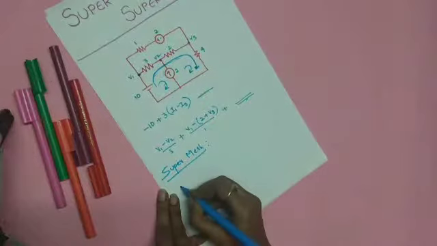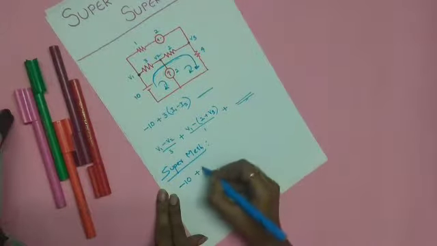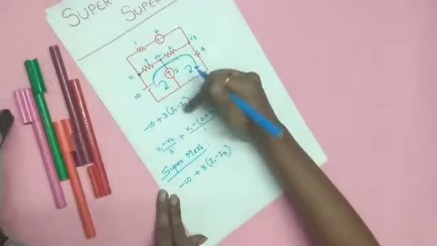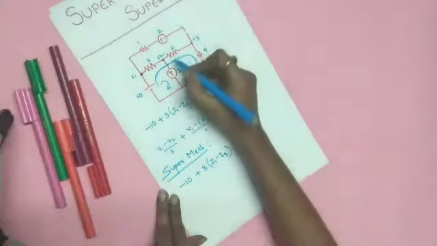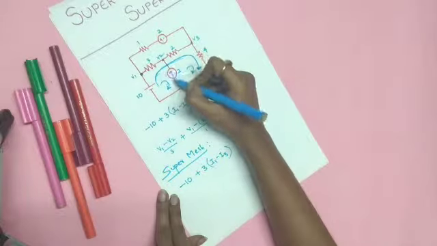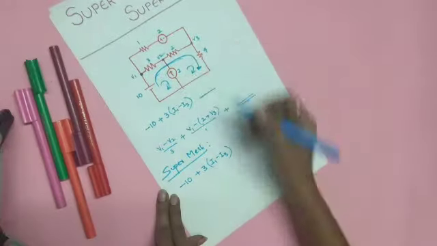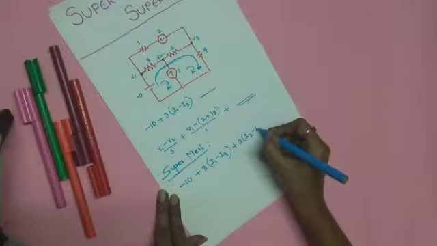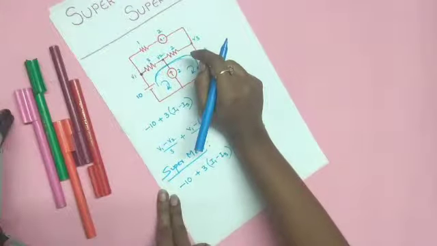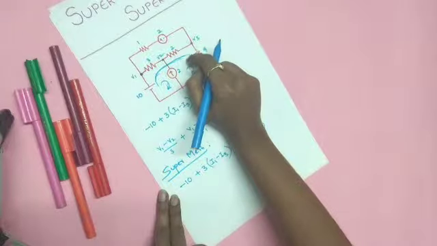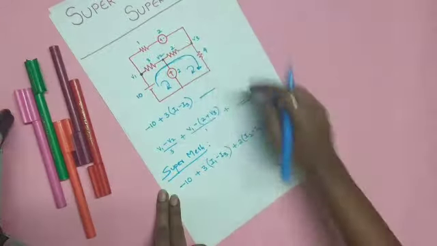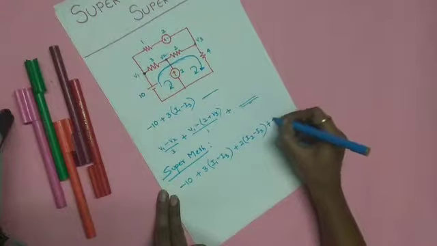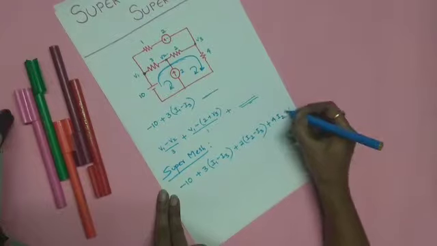The supermesh equation for this problem is minus 10 plus 3 into I1 minus I3, same as in the previous case. And next you should not complete like this, you should go on to this mesh also: plus 2 into I2 minus I3, because I'm assuming the current in this mesh as I2 and the current in this mesh as I3, so the current is I2 minus I3. Plus 4 I2 is equal to 0.